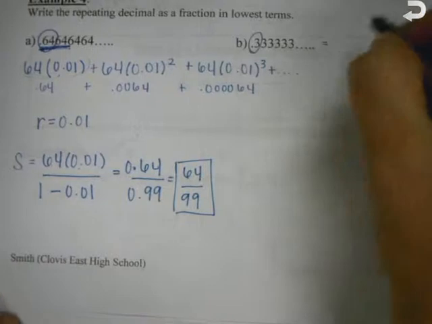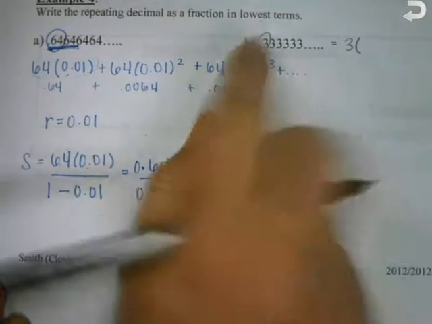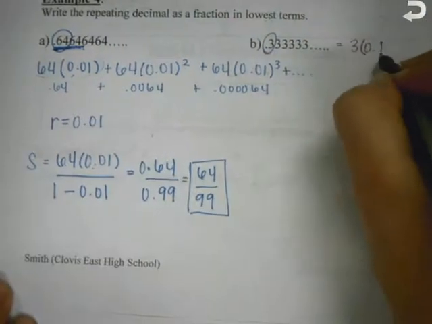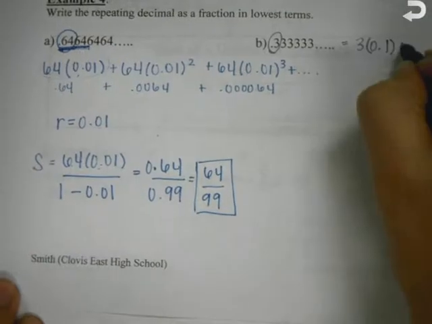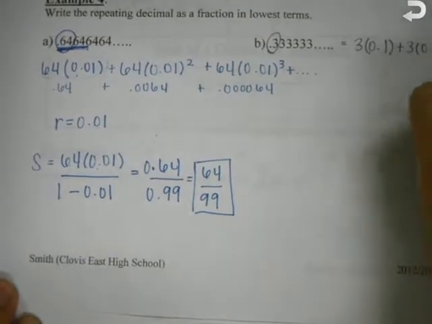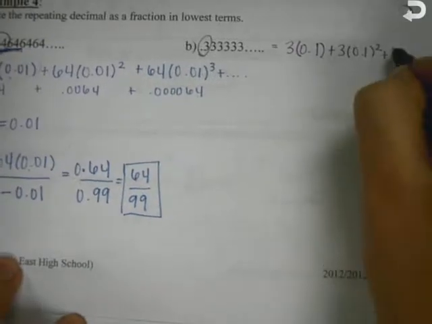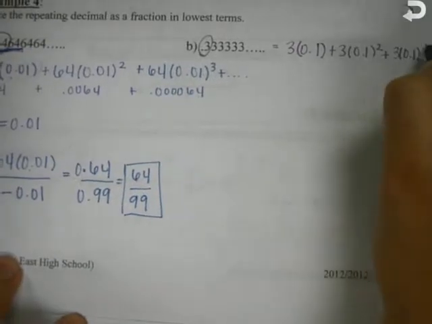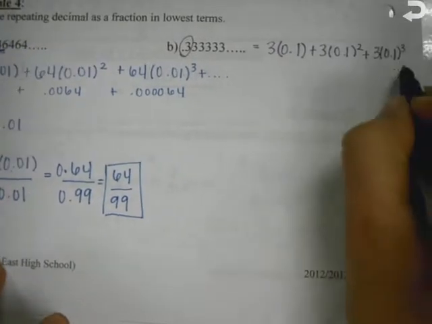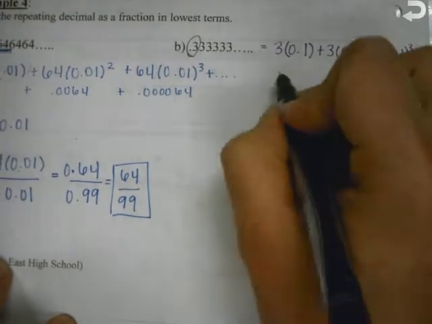Just 0.1. Plus 3 times 0.1 squared, plus 3 times 0.1 to the third, plus dot, dot, dot. So what's R in this case? 0.1, right? Is that between 1 and -1?